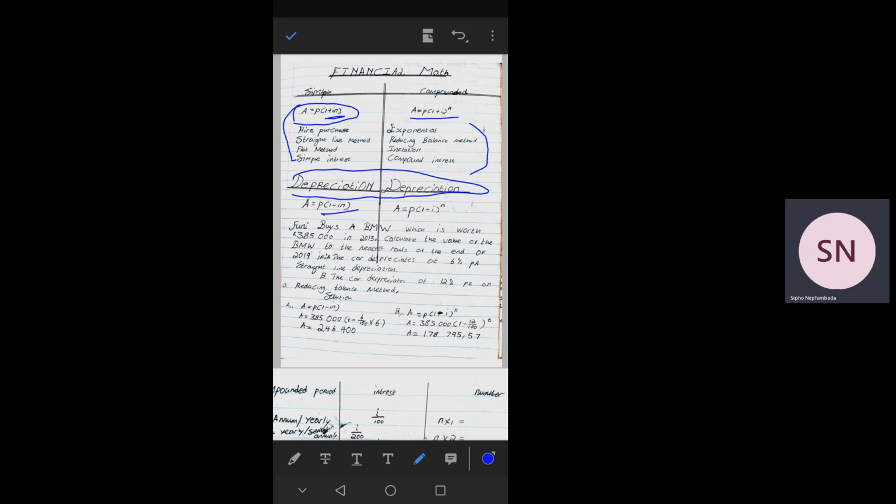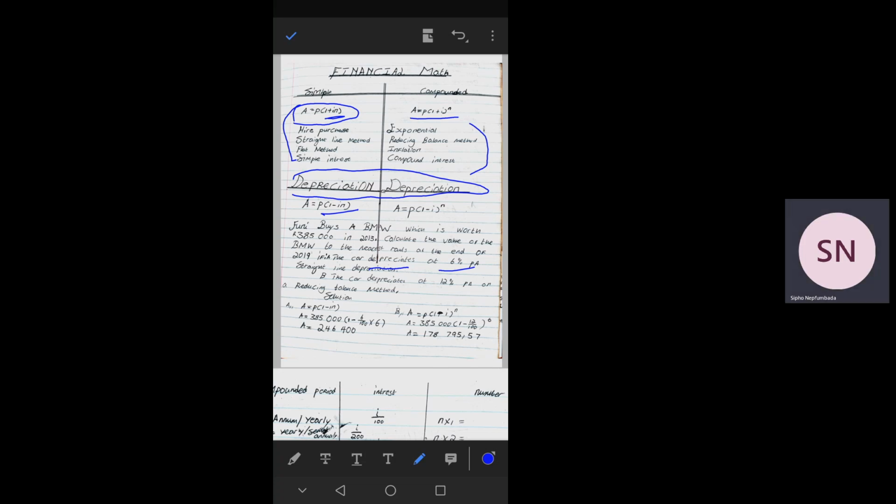For example, when you buy a BMW which is worth 385,000 in 2013, calculate the value of the BMW to the nearest rand at the end of 2019 if the car depreciates at 6% per annum.